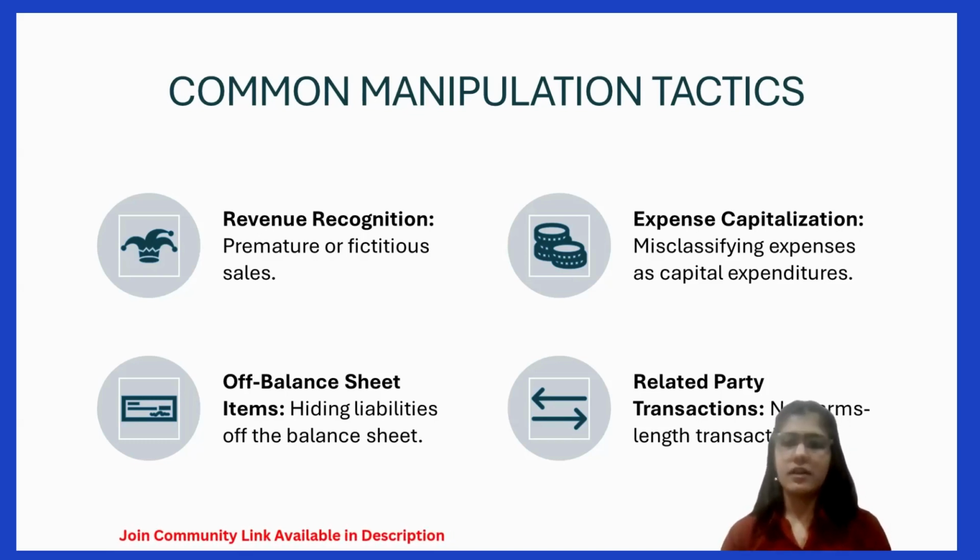Related party transactions in general are not a bad thing, but there are times where these occur as non-arm's length deals and can distort the financial state of a company. Therefore, very important significance is given to related party transactions, and companies have to follow certain reporting guidelines when it comes to related party transactions.